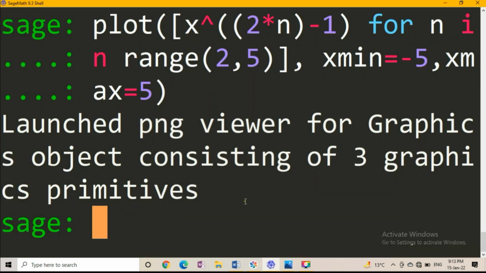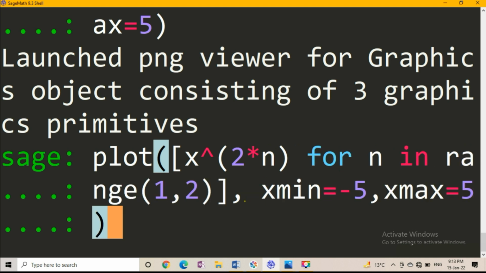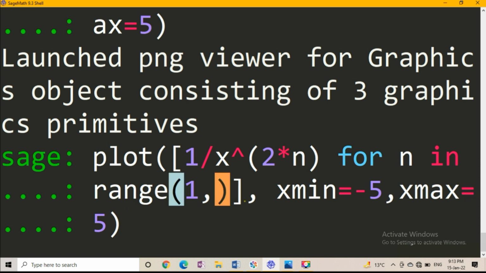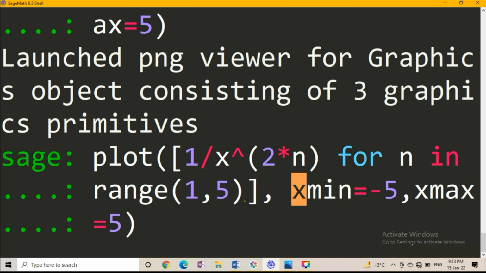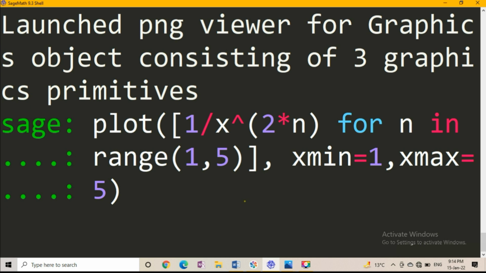Next we come on to the graph of 1 by x to the power 2n. So 1 by x to the power 2n for n in range 1 to 5. You know 1 upon x is undefined when x is equal to 0, so we assume x is from minimum value 1 to maximum value 5. Then what happened?